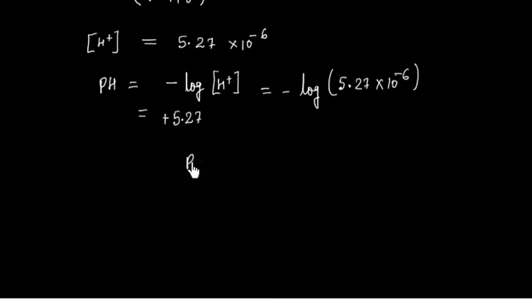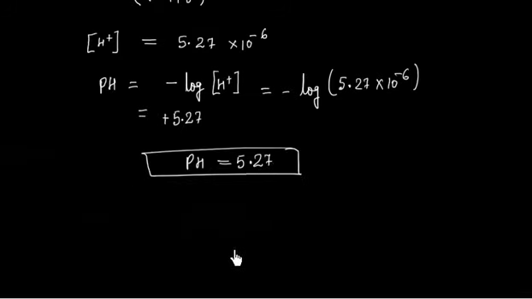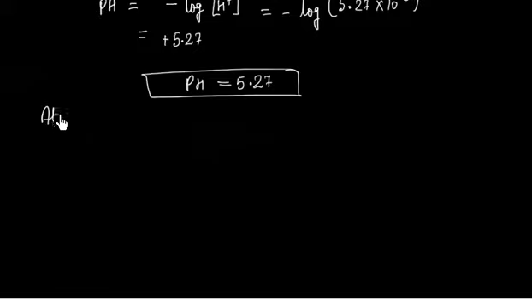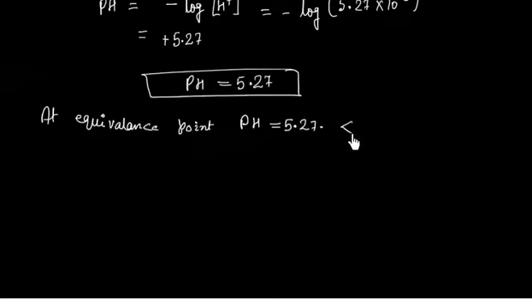So the pH of this solution is 5.27. This is the pH at equivalence point. So at equivalence point, pH is 5.27, and that is basically less than 7. So it is an acidic region.